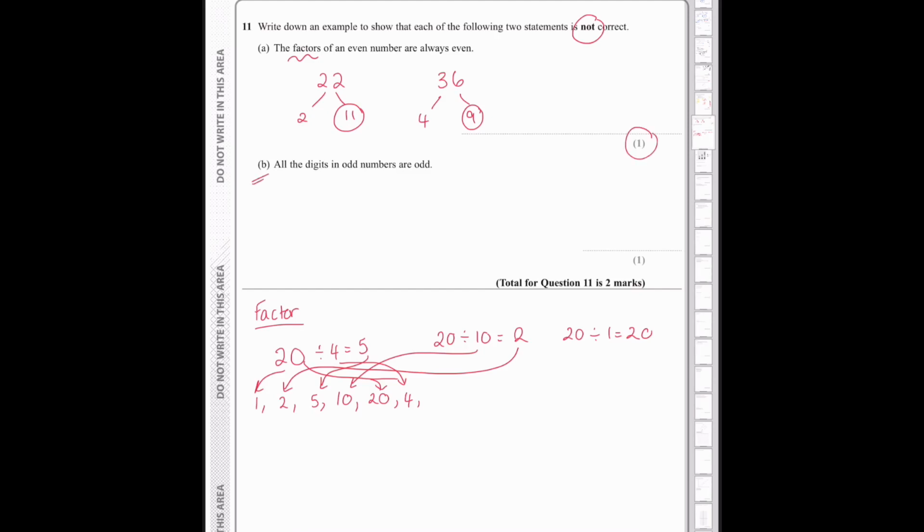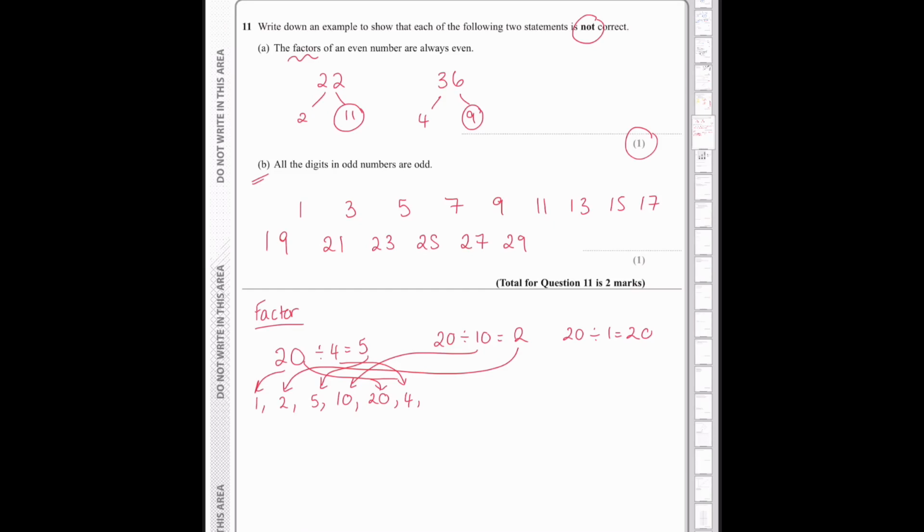And then question B says, all the digits in odd numbers are odd. So let's write down some odd numbers. We've got 1, 3, 5, 7, 9, 11, 13, 15, 17, 19, 21, 23, 25, 27, 29. That'll do. I'm just writing out some odd numbers.